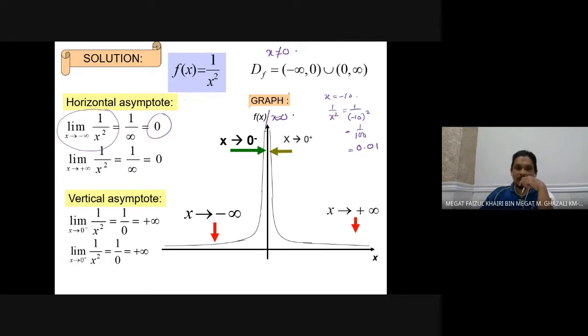The graph will be something like this, moving down and sliding, approaching the line of the x-axis, and same goes to this line here. Sama macam ni juga. The graph will move approaching the line of the x-axis to the right side. Okay, so this is the graph of 1 over x squared.